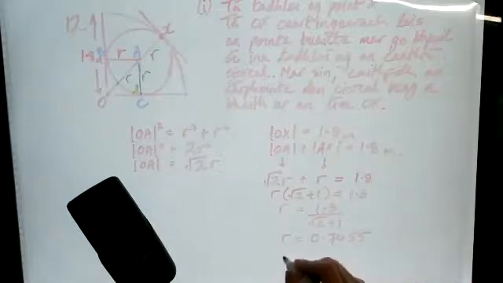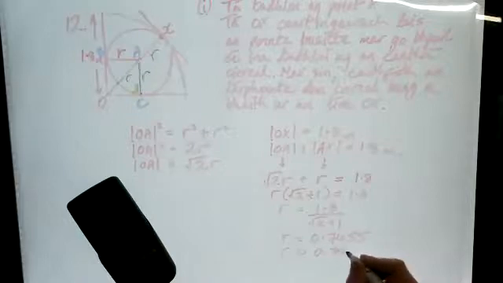As it is corrected to 2 decimal places, it is equivalent to 0.75 meters.